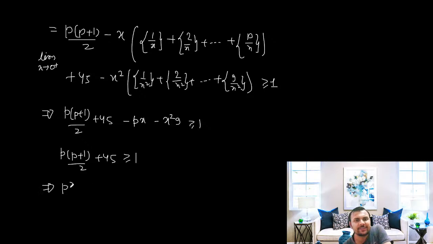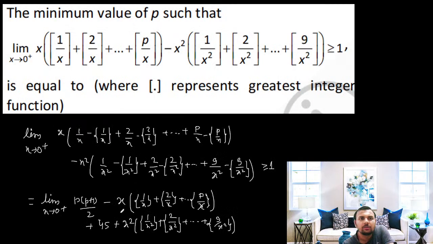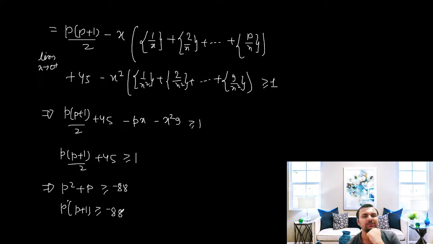So we can say that p square plus p is bigger than or equal to minus 88. So p into p plus 1 is what? Minus 88. So I think p is some value, or this is the answer.